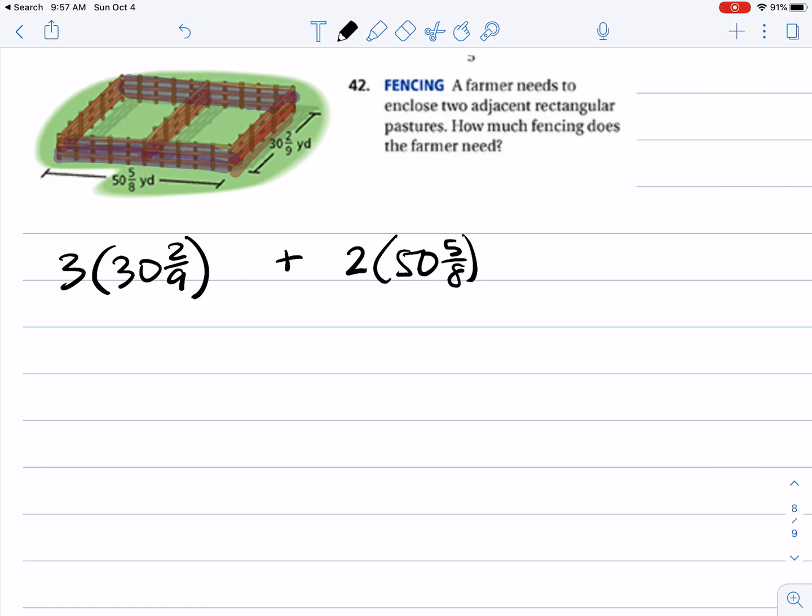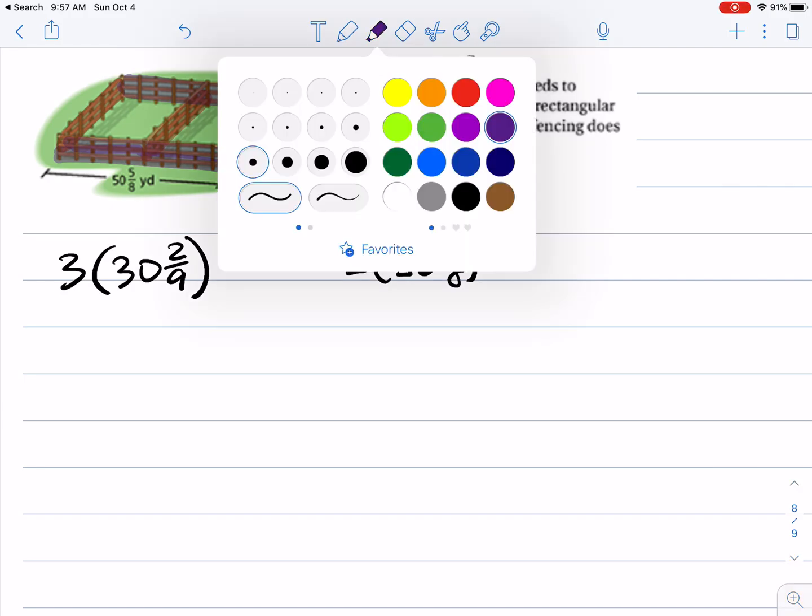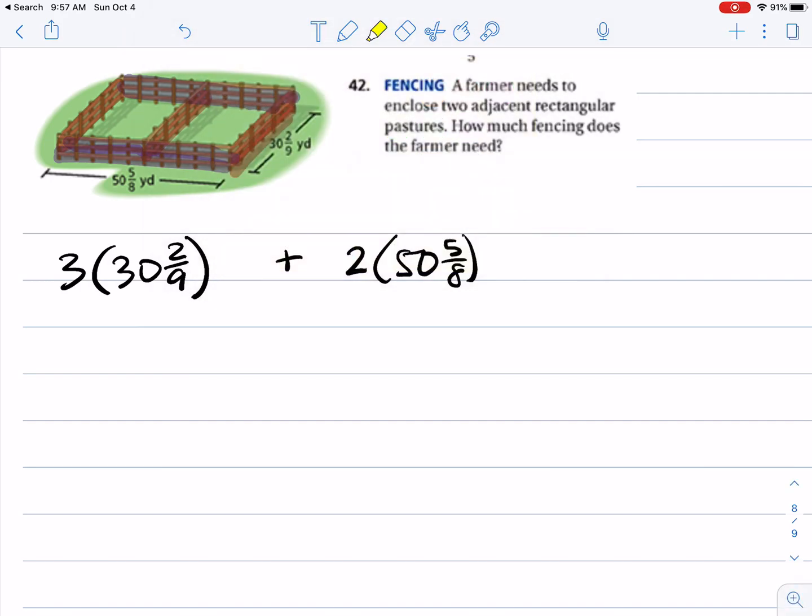So I'm going to break this up into 2 pieces, and we'll just do it one at a time. So we have this part, and I think to keep things consistent, let's make that red so we remember what fences those are.